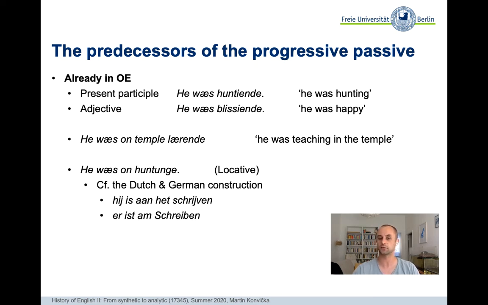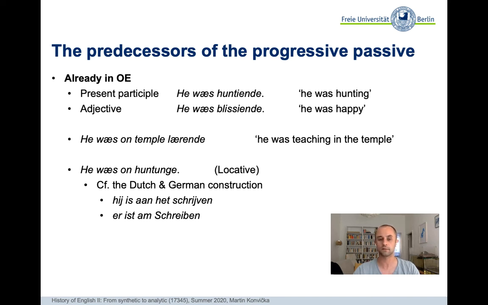And this is actually something very similar to what we find in other Germanic languages, for example, in Dutch or German, where we would have the construction with a preposition and an infinitive or a deverbal noun. So we would have in Dutch, hij is aan het schrijven, he is writing right now, or in German, is am schrijven, with the same meaning.